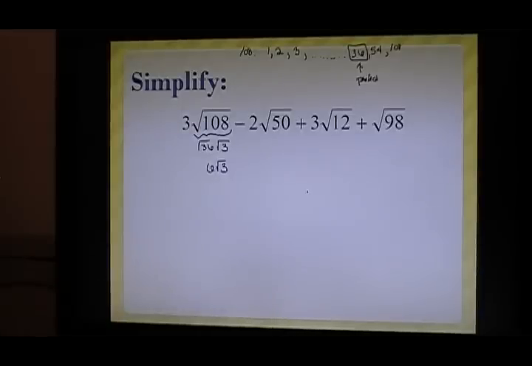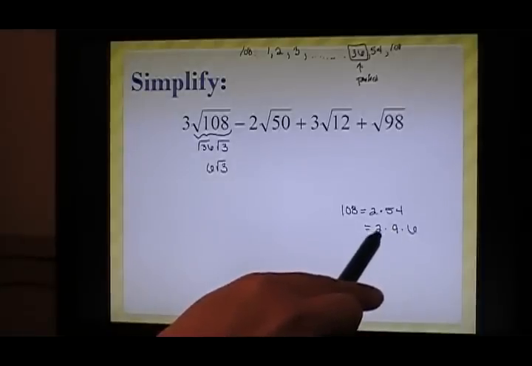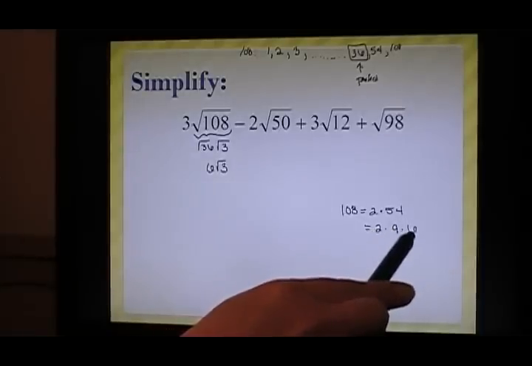Okay, so 108 is 2 times 54. And 54, let's say you recognize as maybe, I don't know, 9 and 6. Okay? So what we have is we've got one perfect square. That's not a perfect square, and that's not a perfect square.